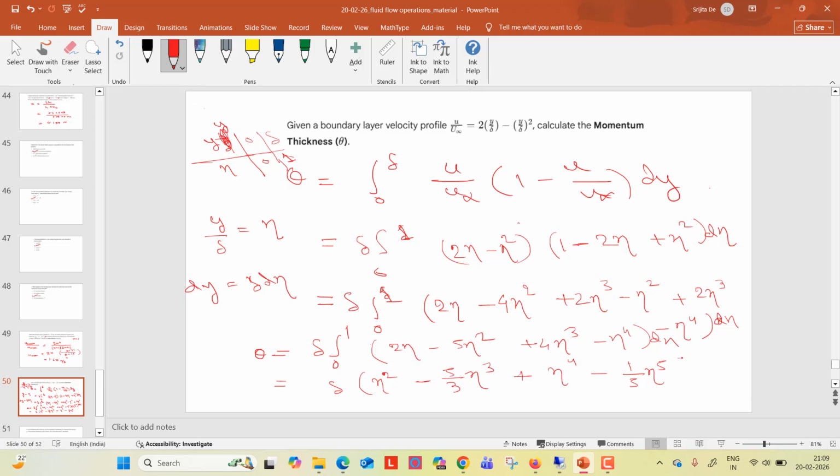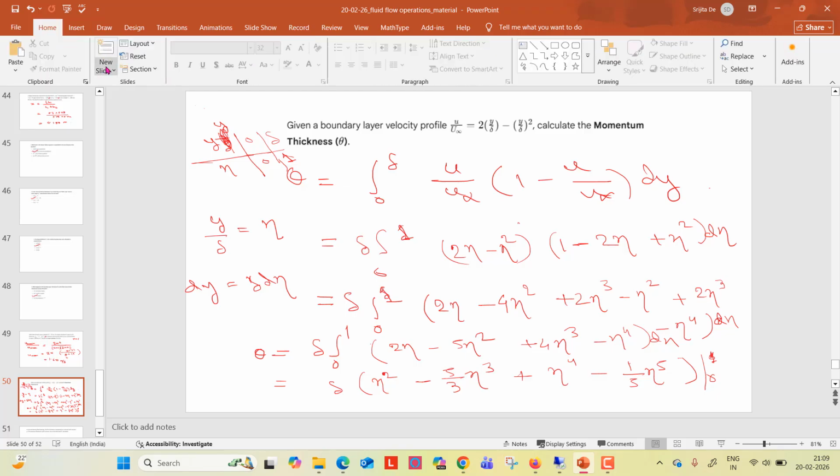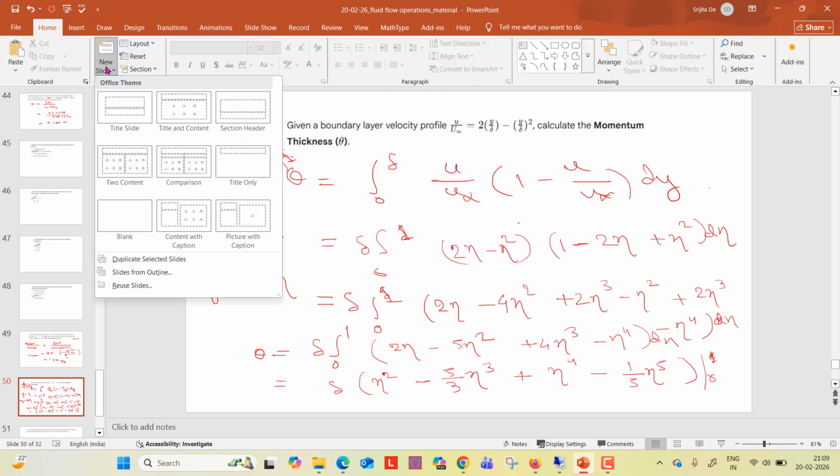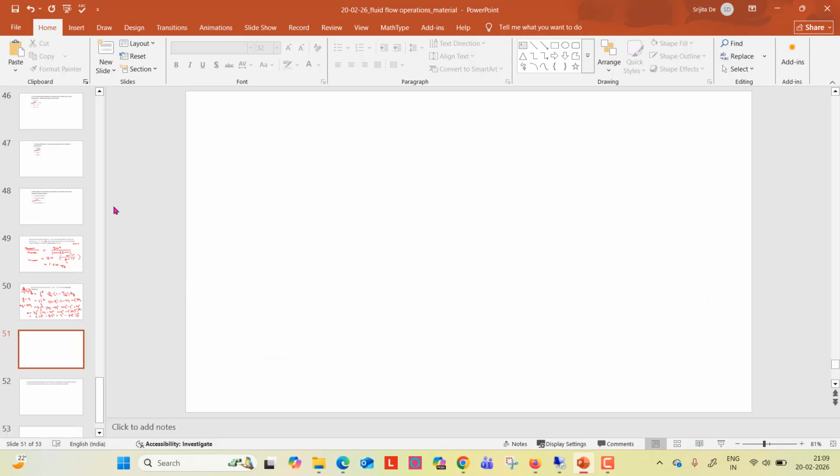So what is coming? Theta equals delta into (1 minus 5 by 3 plus 1 minus 1 by 5).